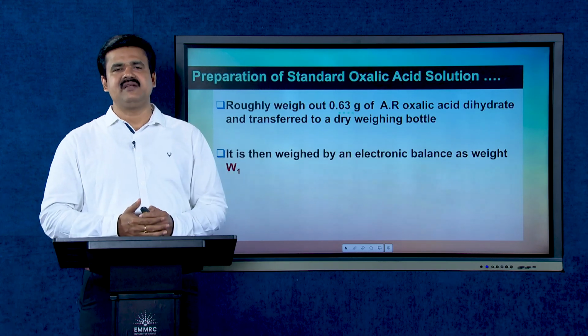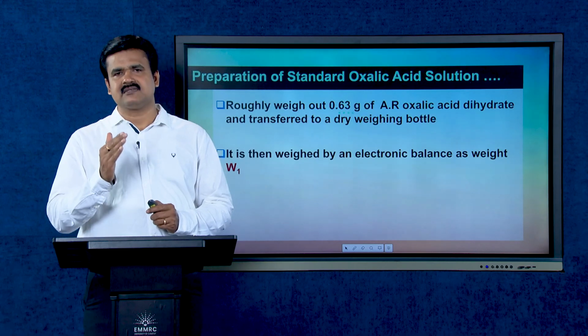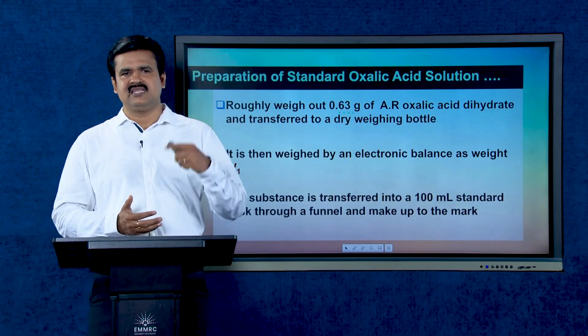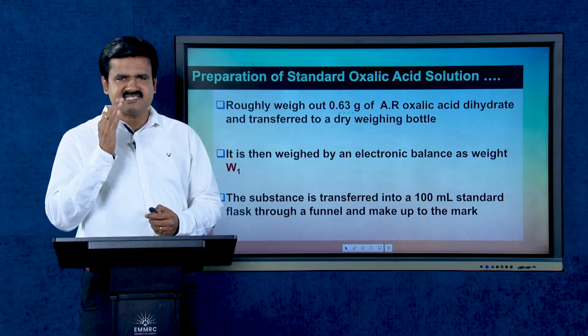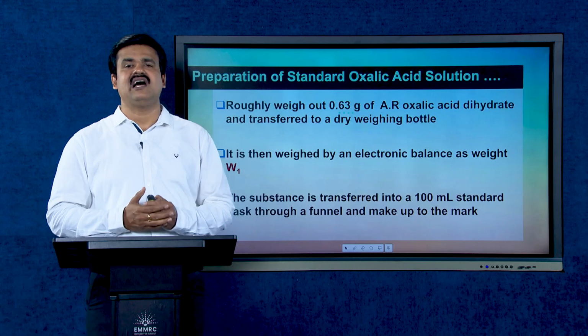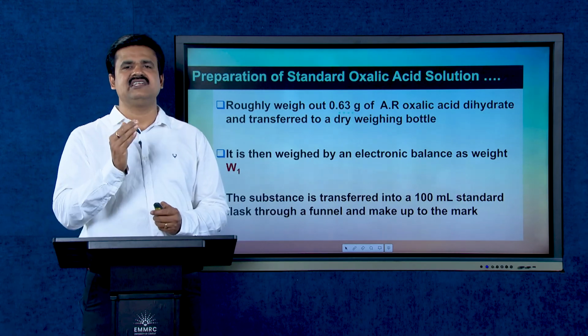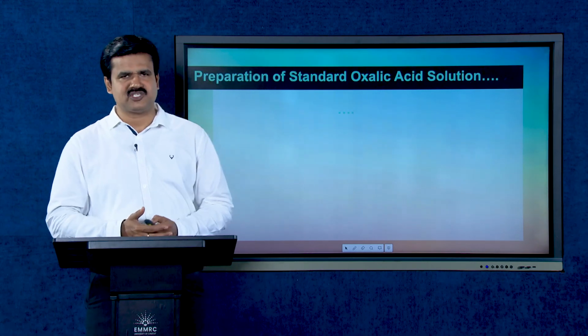It is then weighed by electronic balance and the weight of the sample plus weighing bottle is recorded as W1. The content present in the weighing bottle is now transferred into a 100 ml volumetric flask or standard flask through a funnel and make up the solution to the mark. So, you get a 100 ml solution.